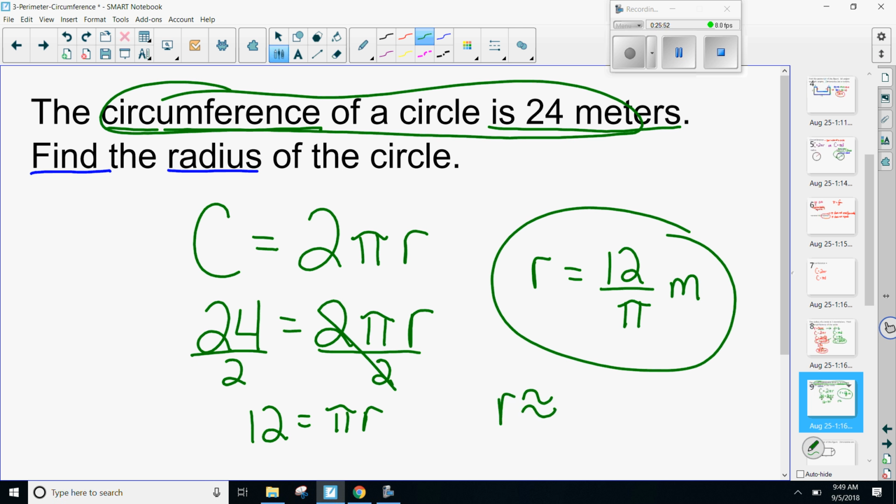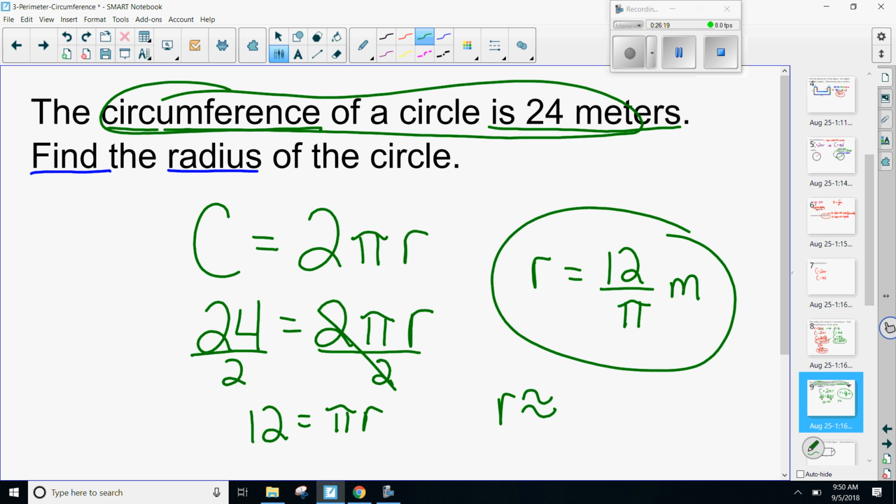The radius has got to be about what? About 4. A little more or a little less than 4? A little less. Because if I say this is 4, you're going to get 4 times 2 is 8, and 8 times 3 is 24. But pi is a little bit more than that, so it's going to make it a little bit more. So my radius would have to be just a little bit less to get to that 24.